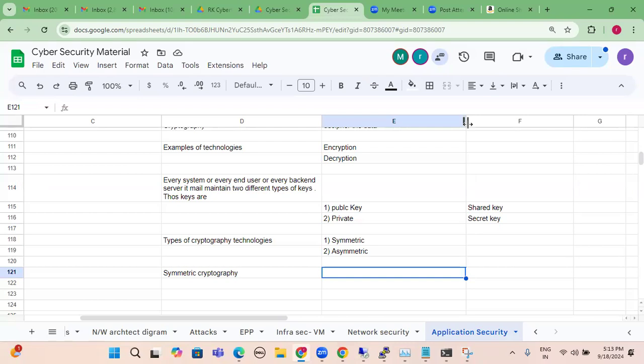Okay, so how can we define symmetric? The same key used for both encryption and decryption is called symmetric cryptography.